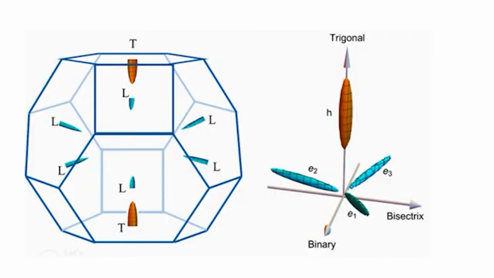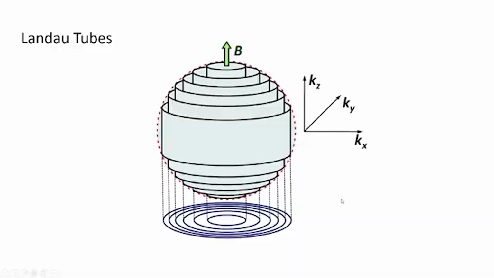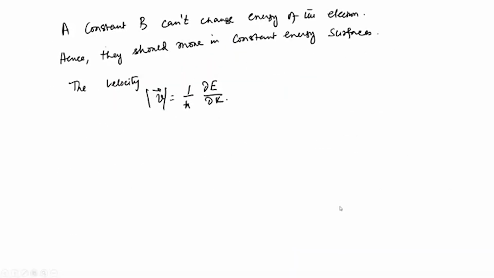So, all these surfaces that you see are the constant energy surfaces where the electronic motion is perpendicular to these surfaces. Okay. All right.